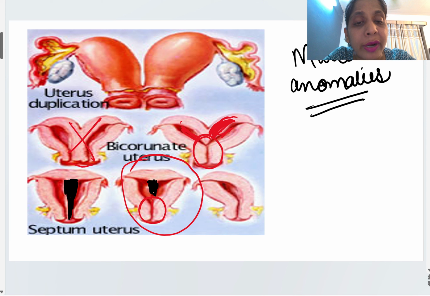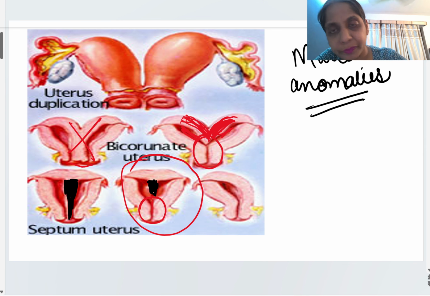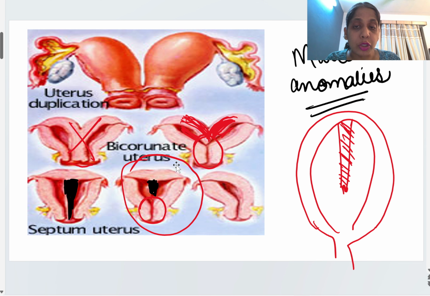In the septate uterus, between the two cavities there is no uterine wall, there is a septa. Okay, there is a septa in between. This muscular uterine wall is not there.